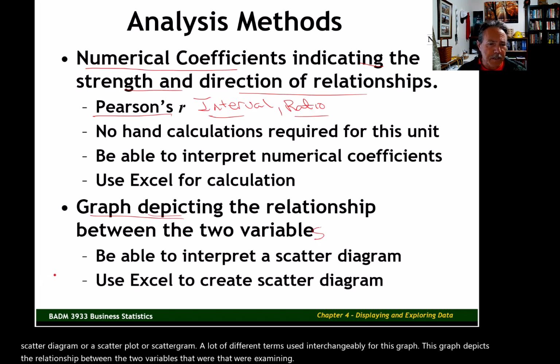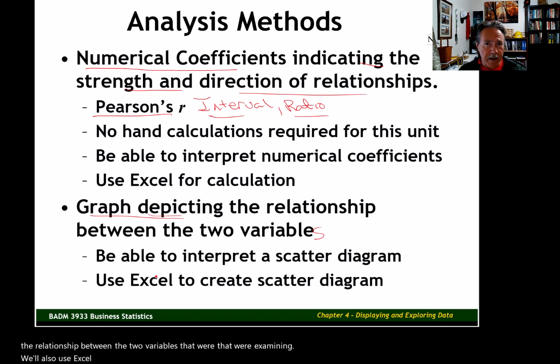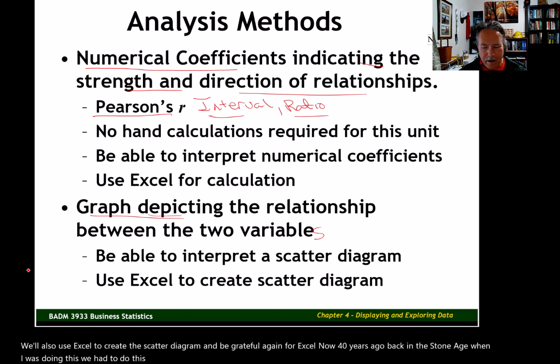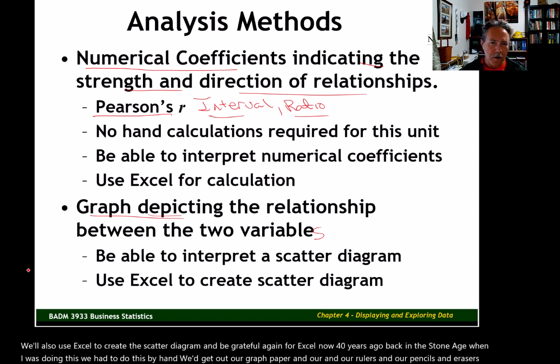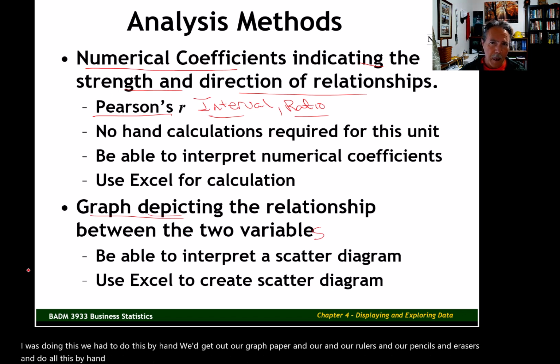We'll also use Excel to create the scatter diagram, and be grateful again for Excel. Now, 40 years ago, back in the Stone Age, when I was doing this, we had to do this by hand. We'd get out our graph paper and our rulers and our pencils and erasers and do all this by hand. But Excel allows us to do scatter diagrams very easily, maybe too easily, but it's very easy.